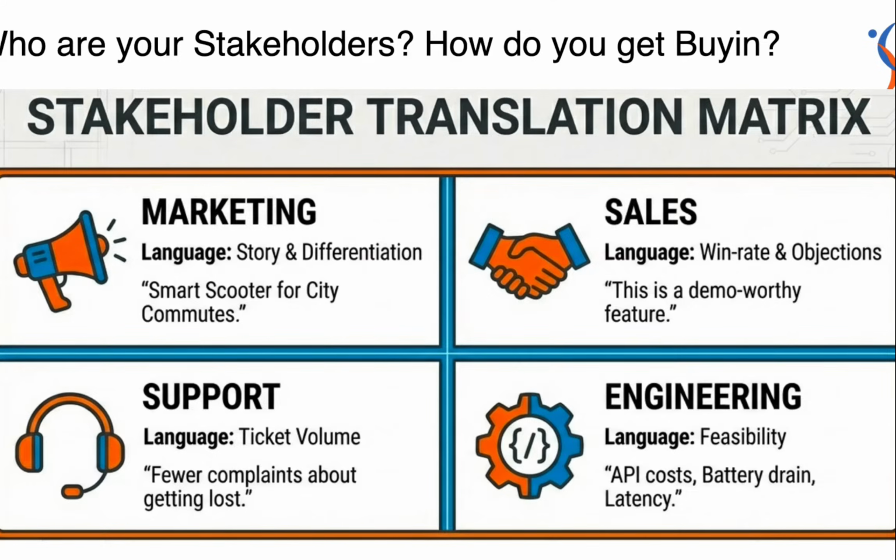your sentences, and this is also kind of, you could say, a lesson in articulation. So if you construct sentences which cause familiarity, there is lesser resistance there. Okay, so for a marketing team, if I were to talk about this feature to marketing, I will talk about smart scooters for city commute. To the sales guy, I will talk about how this is a demo worthy feature.